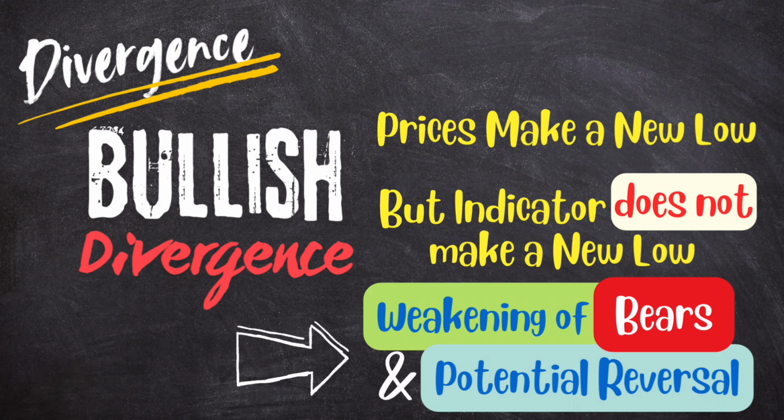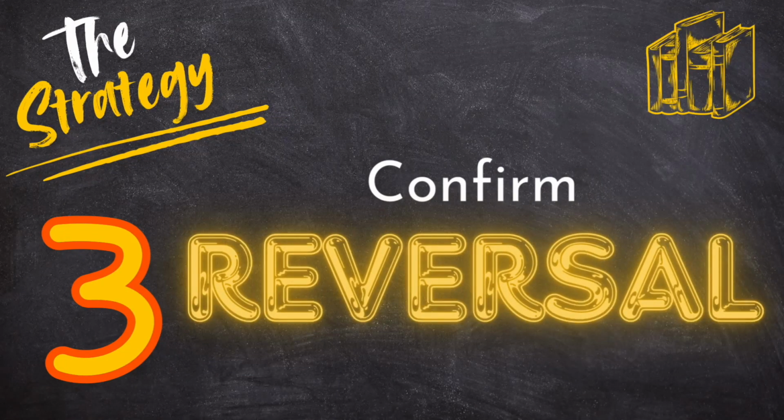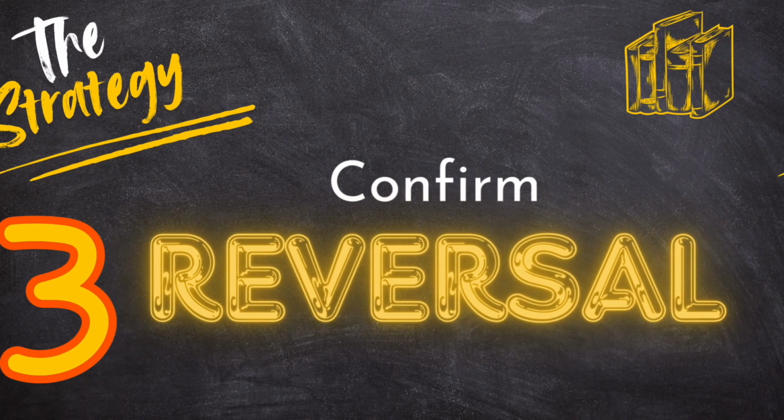And this takes us to our next step of the strategy, which is step 3. We will confirm if the reversal is indeed happening. And how will we confirm this? For this, we will introduce another indicator which will give us a sign of reversal. This is any indicator that you use for identifying trend reversal.